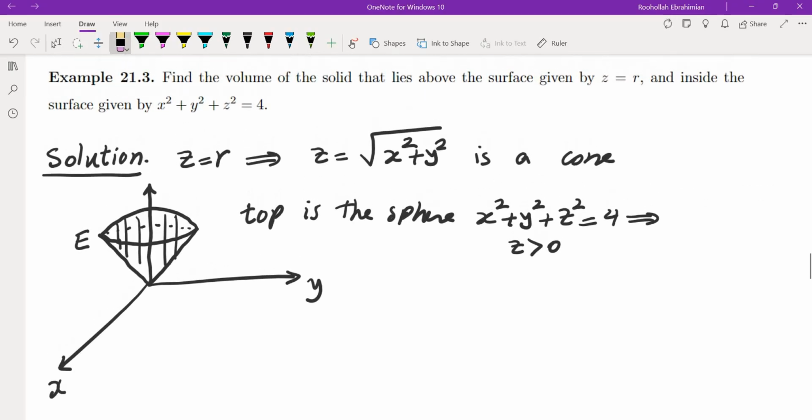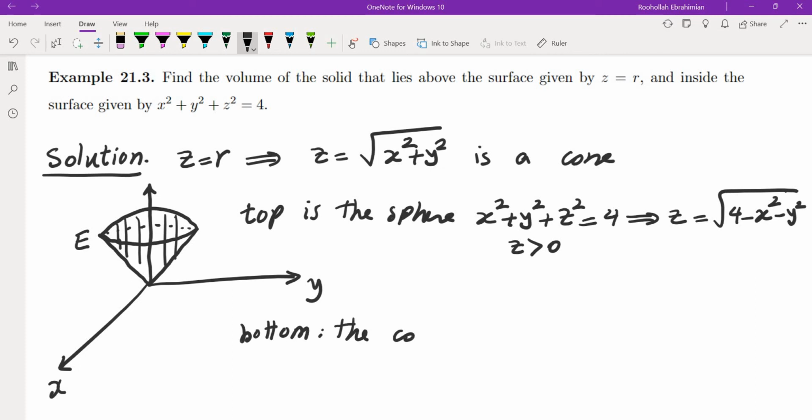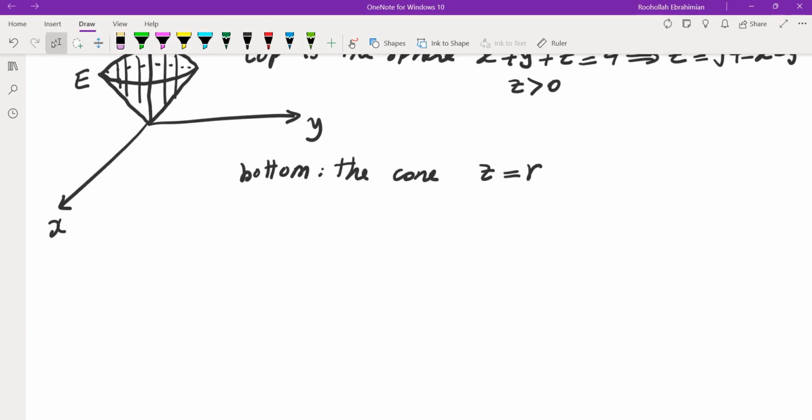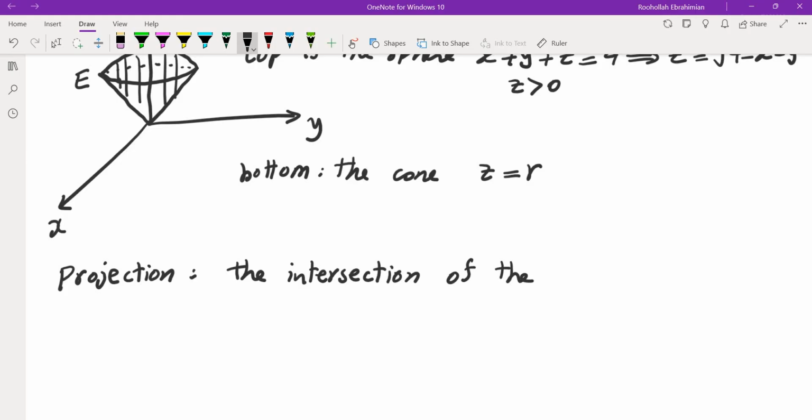And what is the bottom? The bottom is the cone, z equals r. Now let's also find the projection onto the xy plane. Projection onto the xy plane is the intersection of the two objects, so the intersection of the cone and sphere.